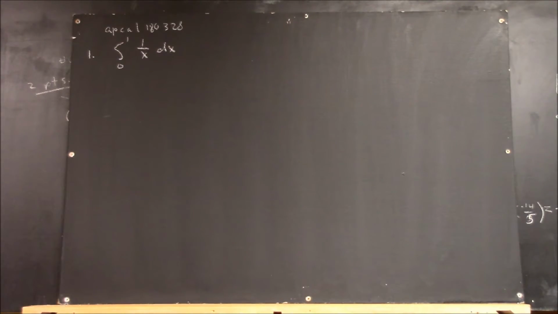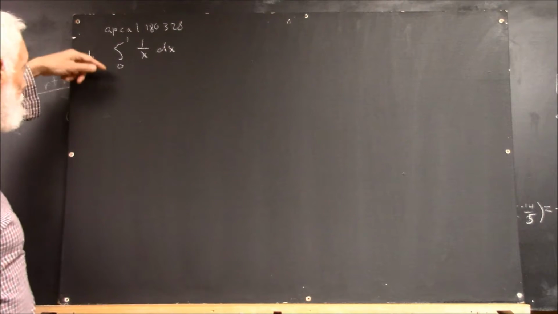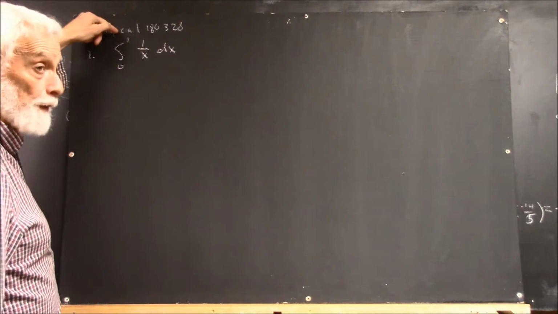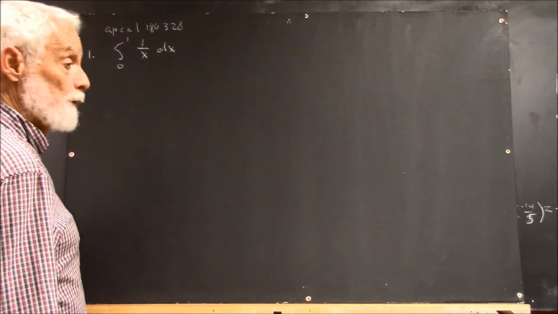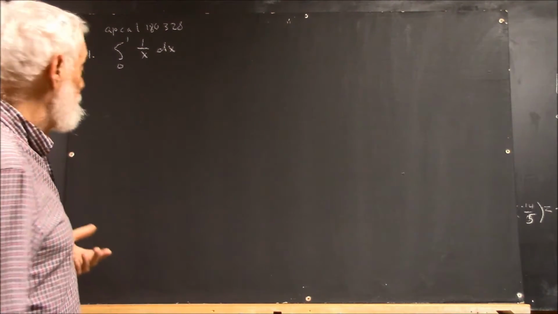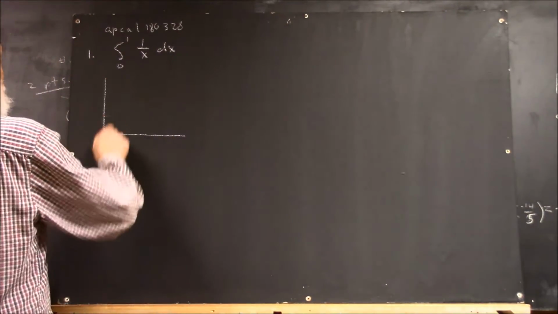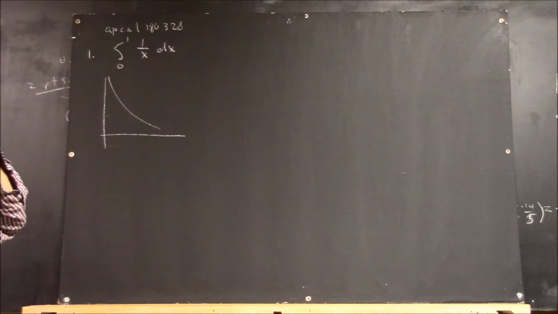Okay, so our first question, the first part of number one, is: if we're trying to do a trapezoidal approximation for this integral, what's the problem? Well, you immediately run into the problem because the graph looks something like this.